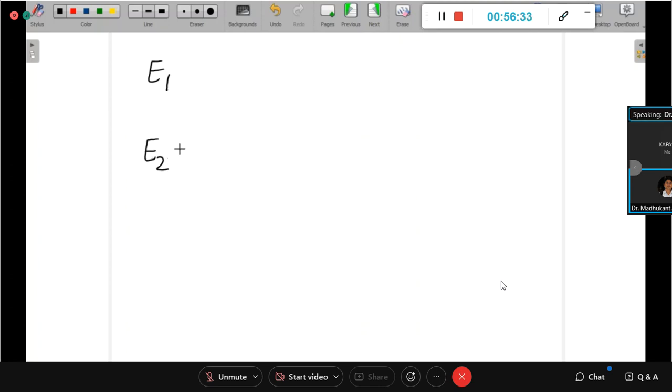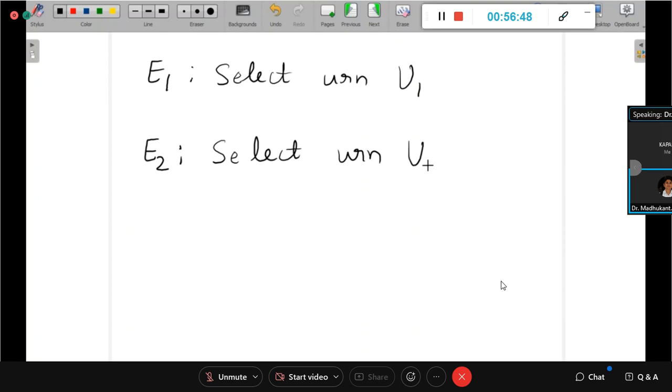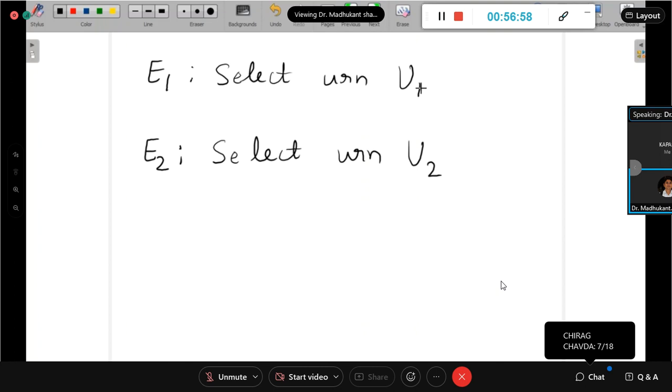So first I have to define E1 and E2. E1 is selecting U1, and let's take E2 as selecting U2. So see, there are two possible cases.